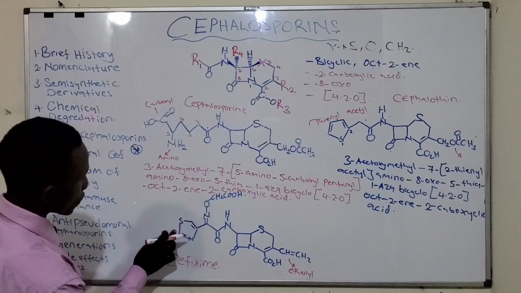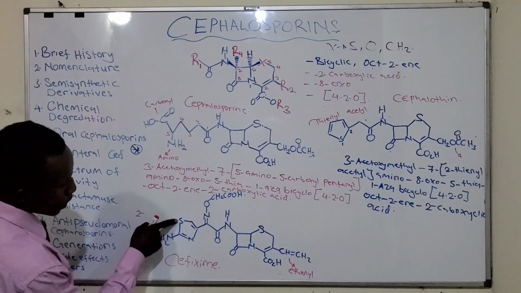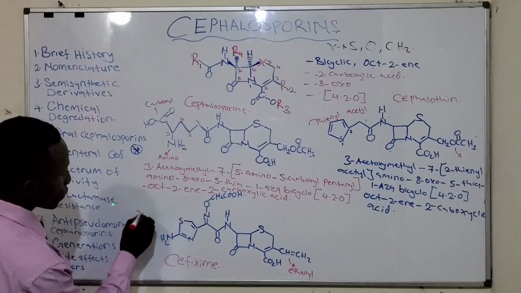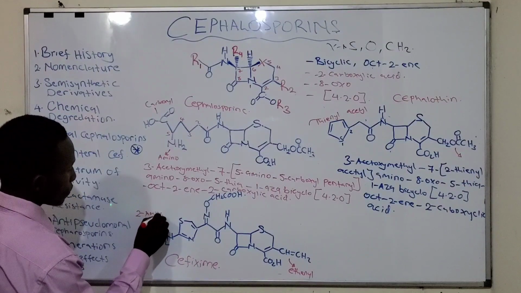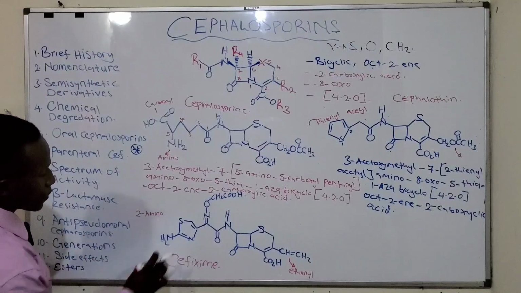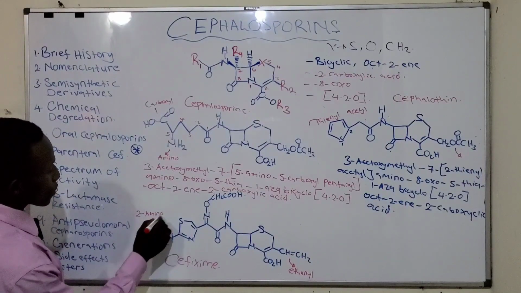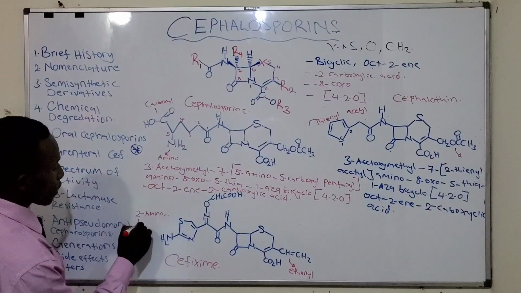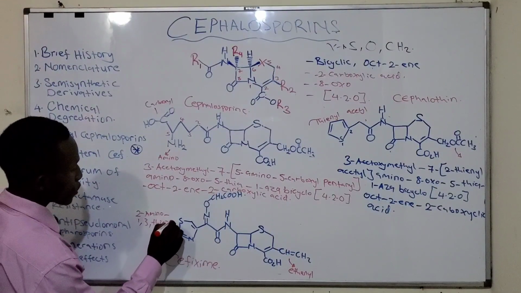So it is 1, 2. It is 2. From this 1, 2, 3, 4, 5. So it is 2 amino. This amino group, and 1, 2, 3. So 2 amino 1, 3 thiazole.